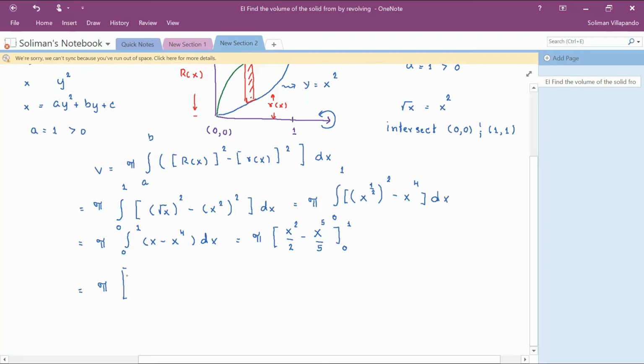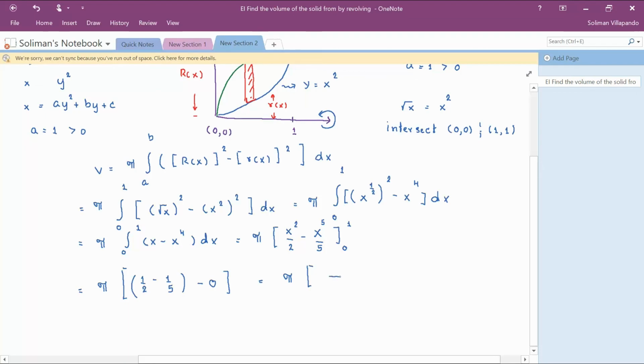Substitute 1 for x, you're going to have 1/2 minus 1/5. That's the upper bound. For the lower bound, if you substitute 0, you're going to get 0. Now I'm going to simplify this.